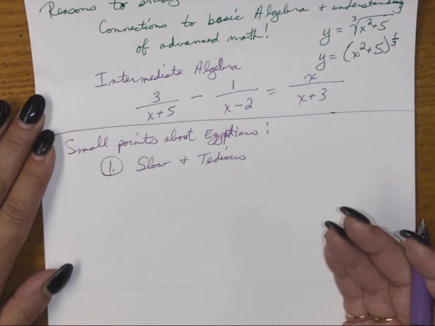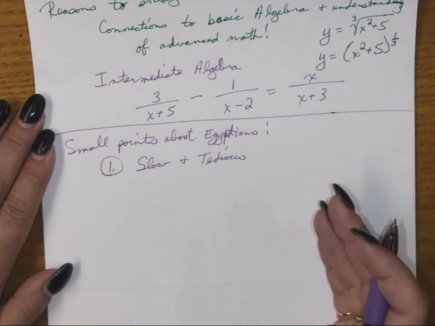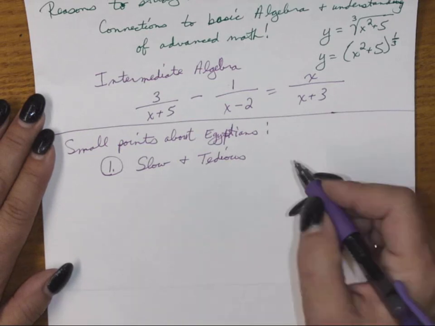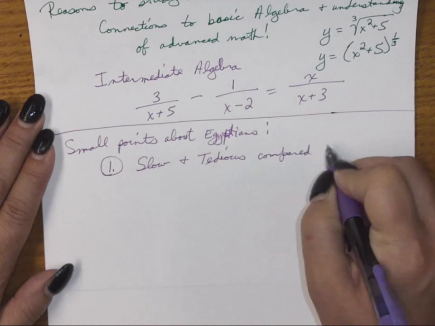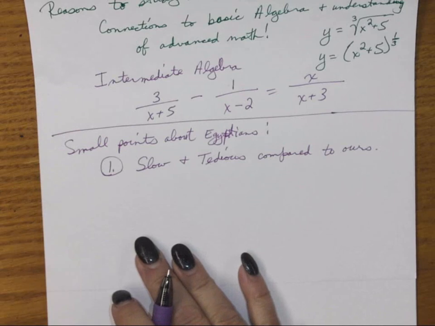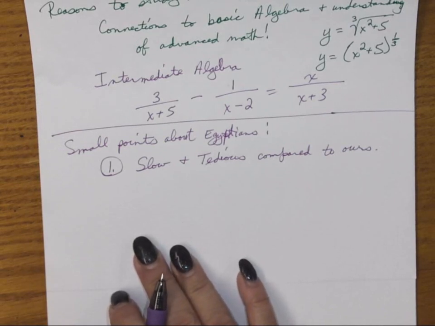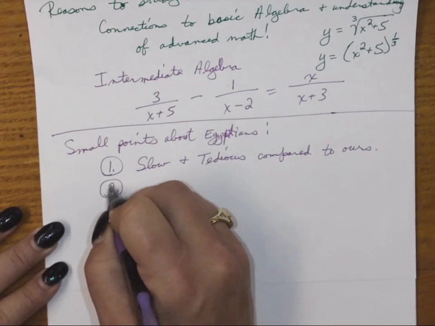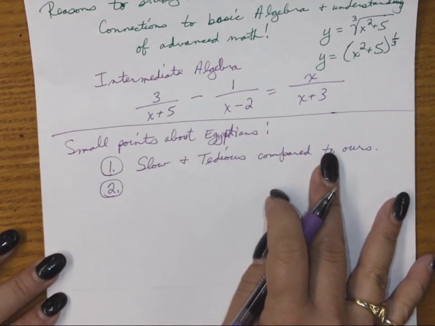In fact, we'll talk about that a little bit later whenever we get into some of the other civilizations. So it's actually, I think, really important to know, yeah, their stuff is slow compared to ours, slow and tedious compared to ours. Sorry, I didn't finish that sentence, that point. It really is, but we've got years and years and years of practice under our belt, so to speak, and lots of really smart mathematicians did a lot of work to make it easy for us.